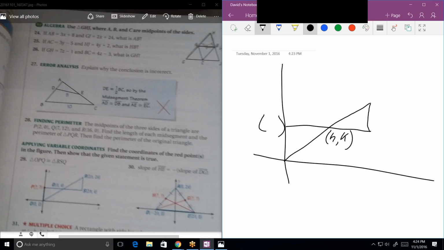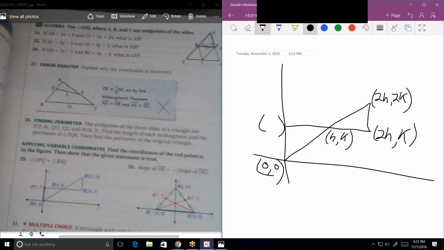Okay, and how about the coordinates up here? Is that 2h? Yeah, that's 2h, 2k. And finally, the coordinates here must be 2h, k. All right, that's all the information, and then this is 0, 0.